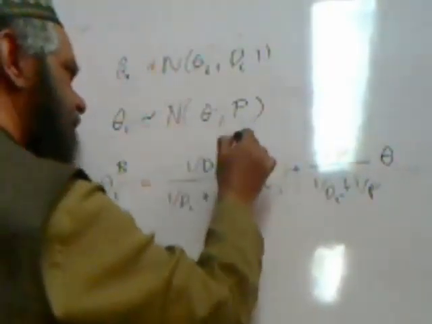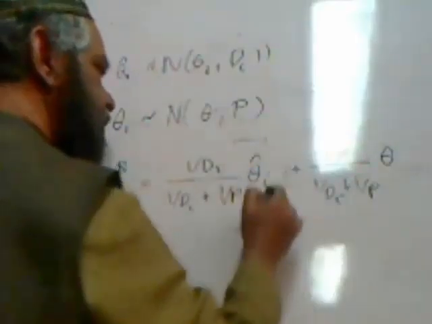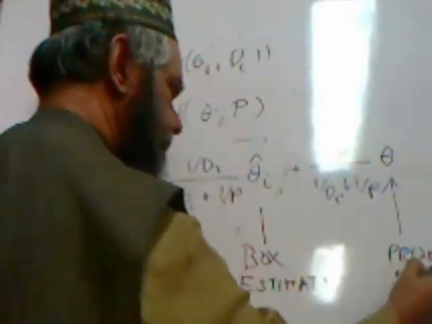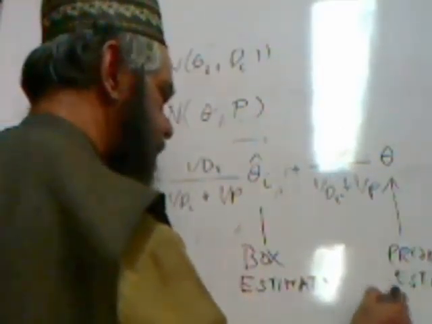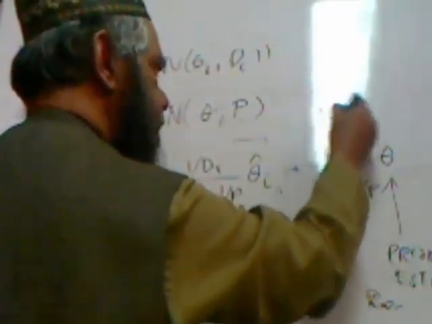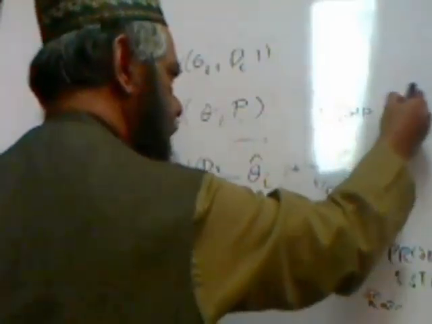So it's a weighted average of the data mean, which is the box estimate, and the prior estimate. The prior estimate will be the region estimate or the neighborhood. The neighborhood estimate comes from taking all of the boxes in that neighborhood and combining them.